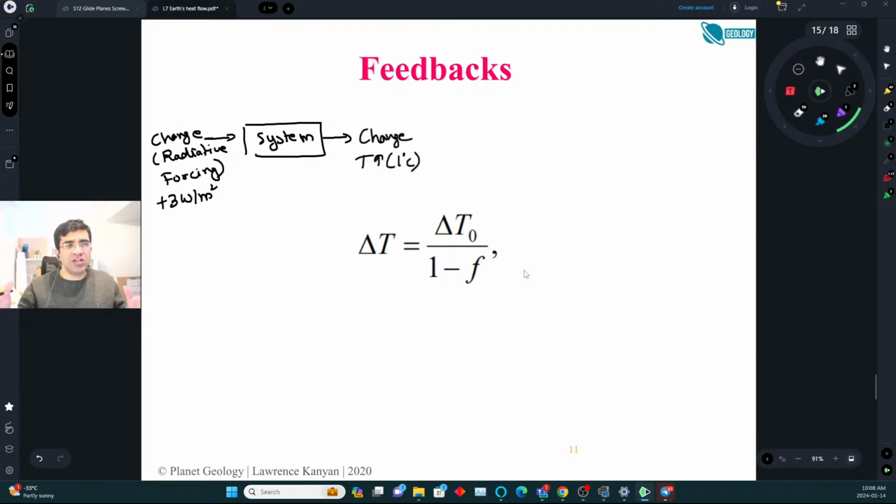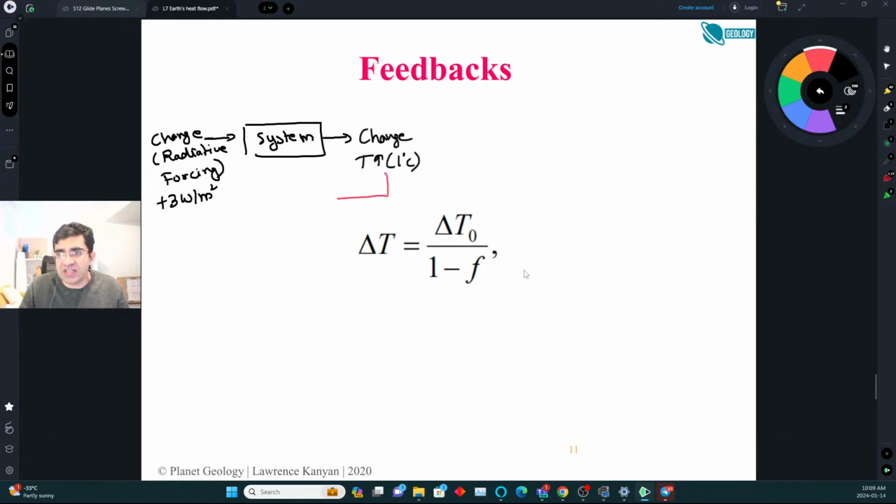Now on Earth, if you increase its temperature, that temperature increase itself will produce certain changes, which is called feedback.